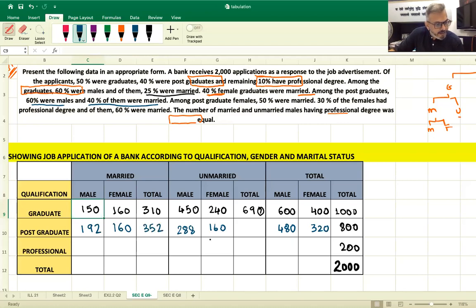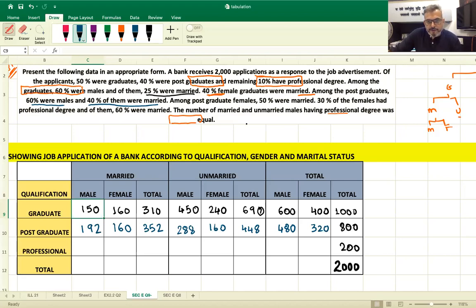Married total. And 448, unmarried total. Check it. 192 plus 288, 480. 160 plus 160, 320. And 352 plus 448, 800.